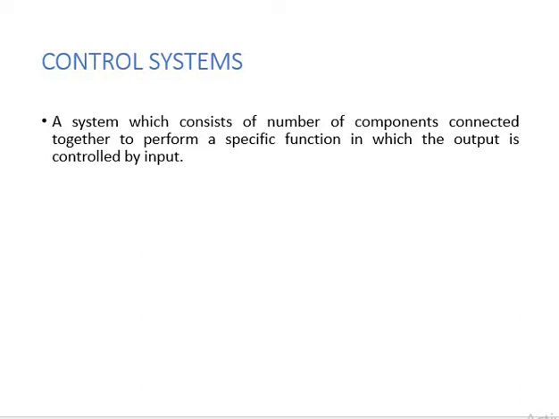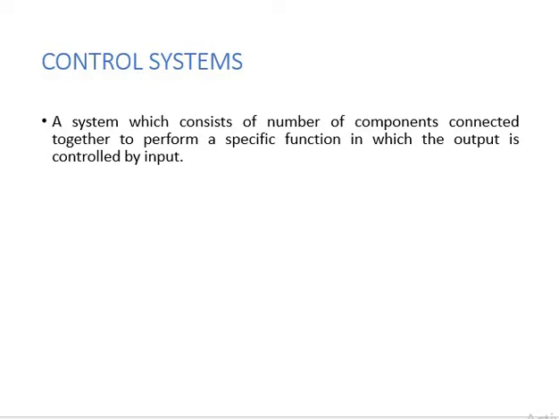Suppose the output is temperature. I am mostly taking boilers, or you can take internal combustion engines, external combustion engines, or steam engines. In those, a lot of heat is released. Suppose we require heat of 10 joules per second, but the heat coming out is 100 joules per second.